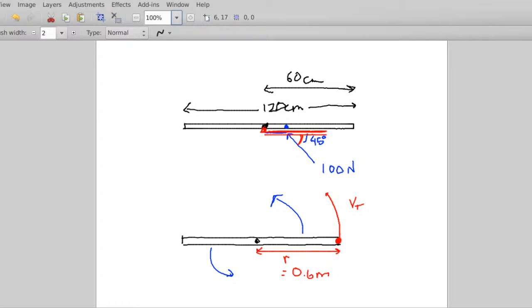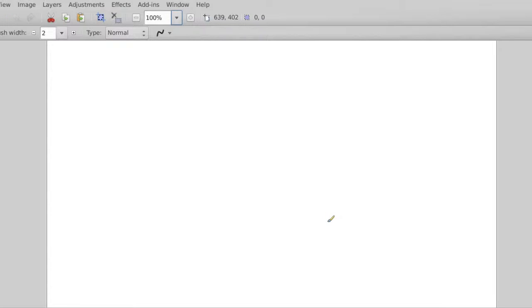It's getting a little bit messy, so let me just create another one very quickly. So here's the bar, here's the center, and here's our little red spot like that. The centripetal acceleration is towards the center. Let me do that in purple. I've got the colors, so might as well use them.